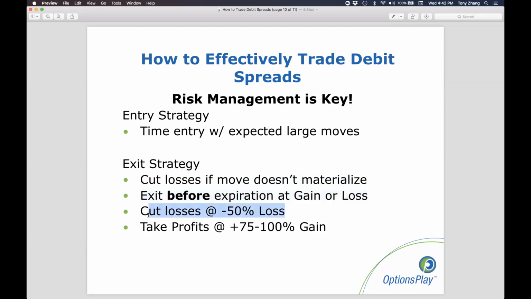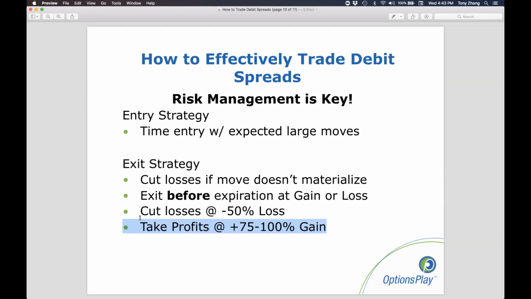So you generally want to cut your losses on these trades when you've lost 50% of the premium you've paid for that debit spread. And for taking profits, you generally want to take profits when you've gained anywhere from 75 to 100%. At least take partial profits. So if you're trading just one or two contracts, you generally want to take all your profits at that point.